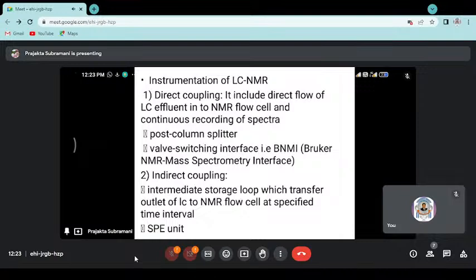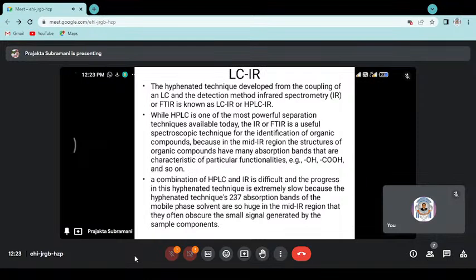Now LCIR. LCIR hyphenated technique is the least used hyphenated technique. It is developed by coupling of liquid chromatography with the detector system, that is infrared spectrophotometer, or FTIR, that is Fourier transform infrared spectrophotometer.